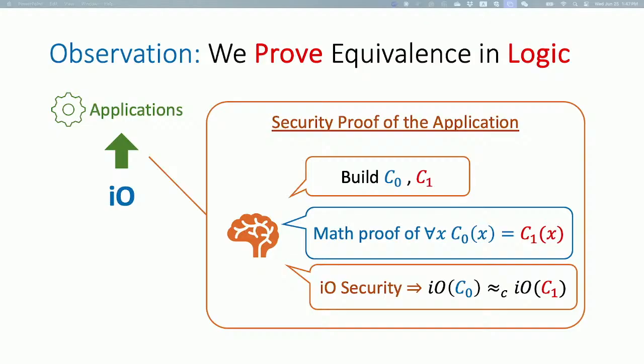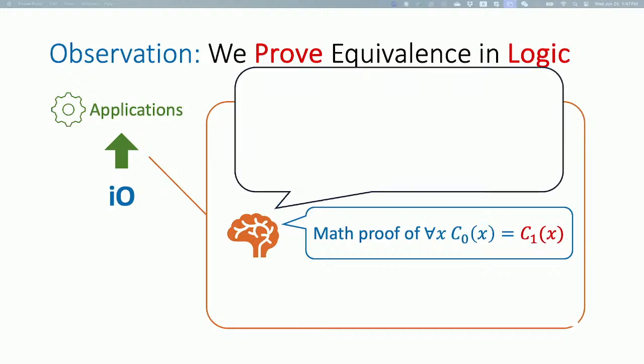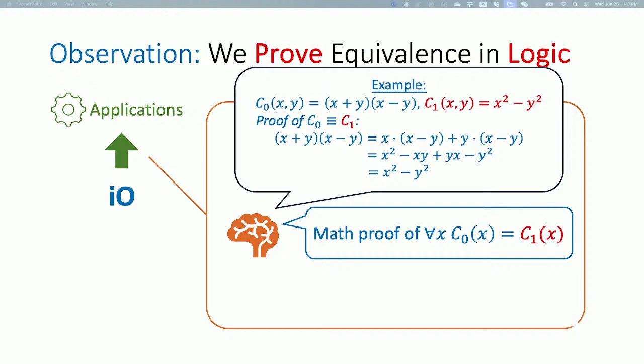So from this observation, it seems that we always have this mathematical proof of functionality equivalence. Just for a concrete example, suppose your first program computes x plus y times x minus y, and your other program computes x squared minus y squared. Then you can convince yourself that these two programs indeed compute the same function by doing some elementary calculation.